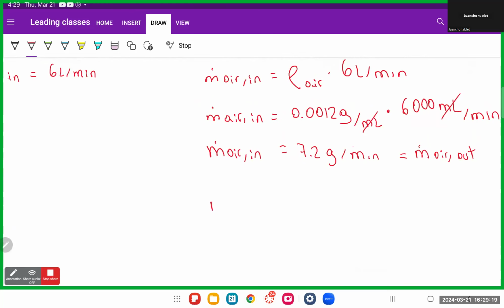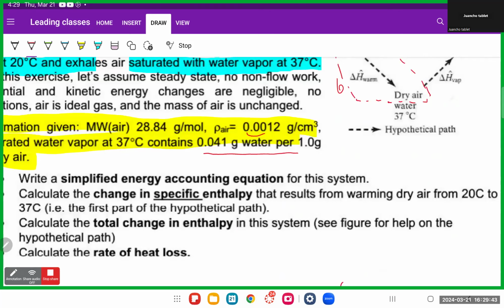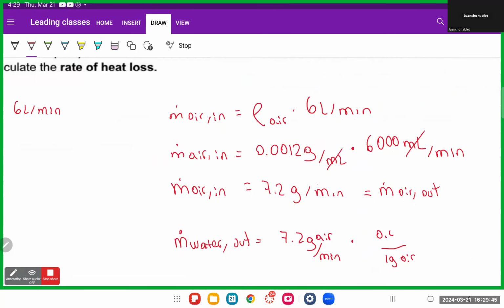So the mass of water out is going to be equal to the mass of air, grams per minute of air. And we know that for every gram of air, we have 0.041 grams of water.